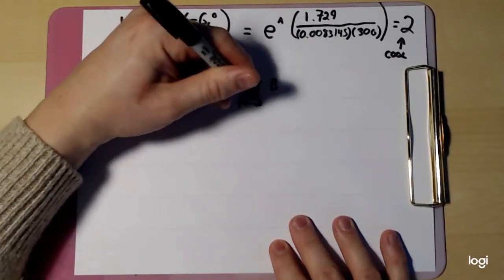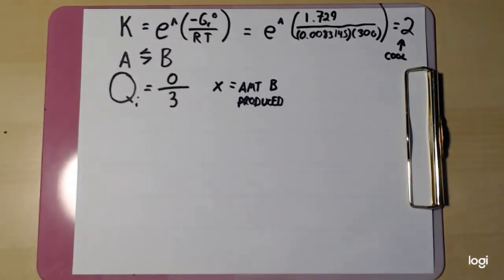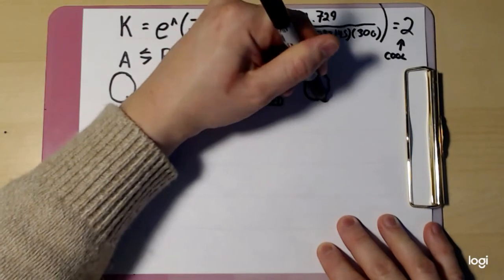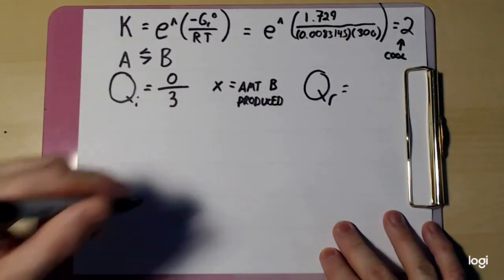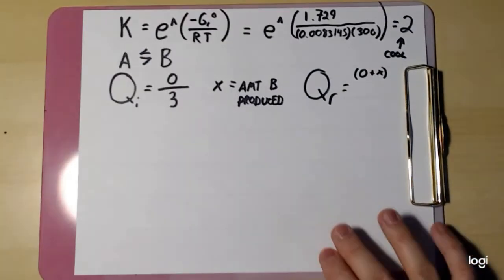So as this reaction progresses, how is our reaction quotient going to change? Well, now we can use this quantity X to determine what the reaction quotient will be as the reaction progresses based on our initial conditions.